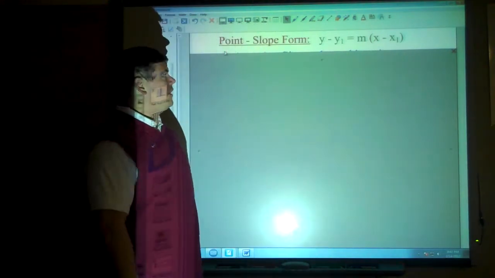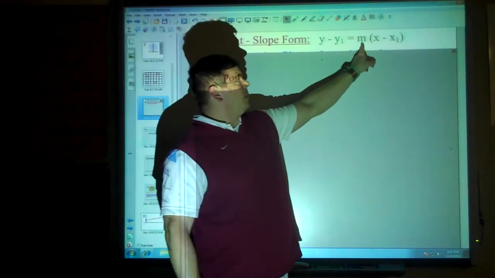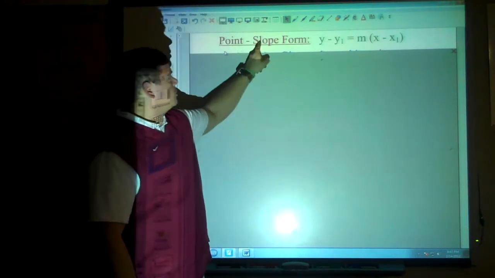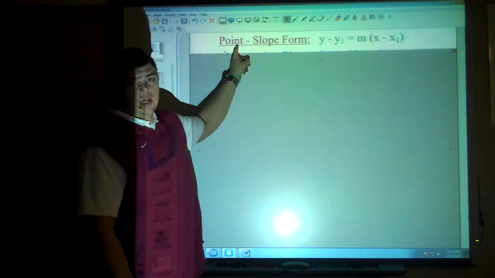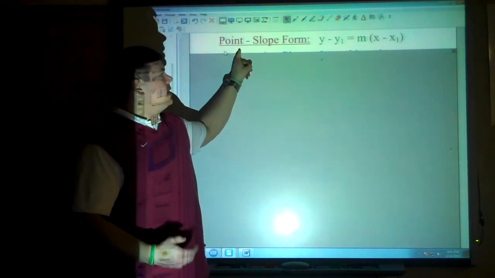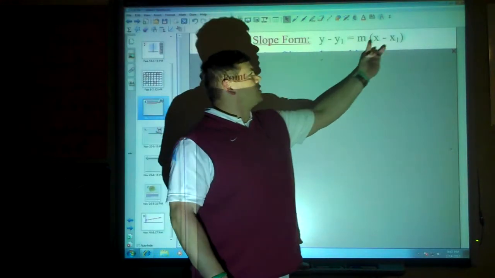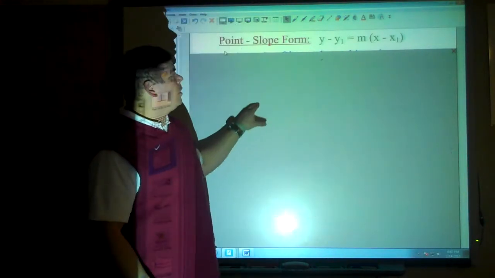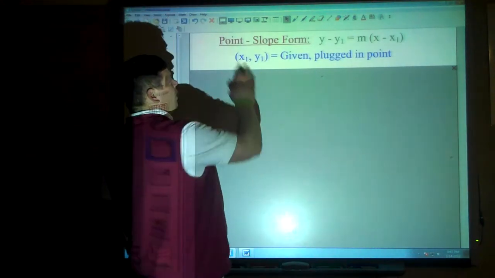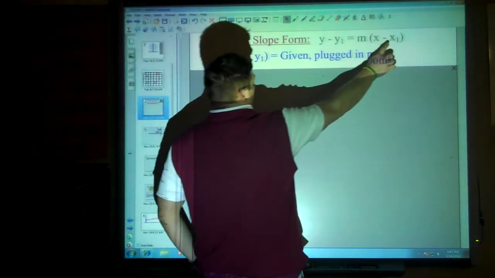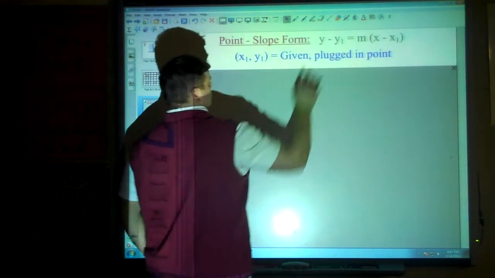So a couple things about the variables. We know for a fact that we'll be able to put the slope here, because that's what we were given, so we'll put that value in for m. But we're also given a point, and all coordinates are made up of x and y. So when you look here, you'll notice there's two y's and there's two x's. Well, we actually want to substitute the value in for the sub 1 x and y. So whatever point we're given is going to go in for x sub 1 and y sub 1.